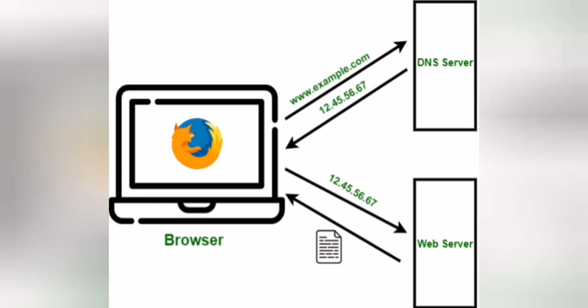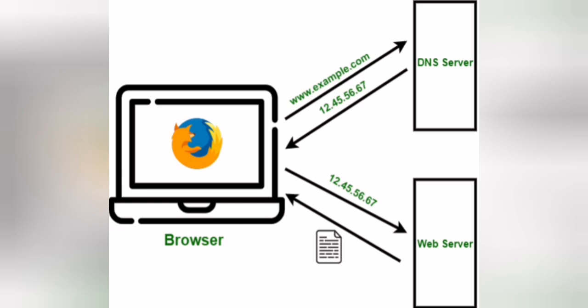When a human asks to reach a certain page, for example, example.com or google.com, the request from this computer machine will go to the DNS server. This DNS server will translate the name that the person wants to reach into an IP address, as you can see in the image.